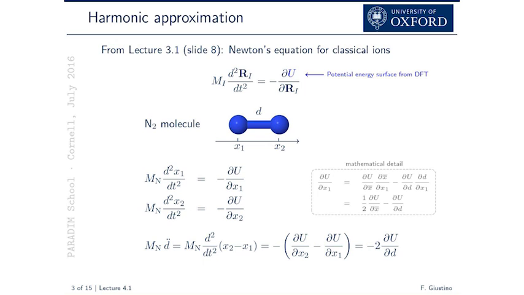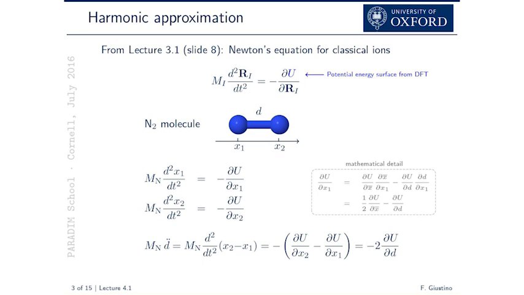This is a diatomic molecule. The only degree of freedom is the distance between the two atoms. If you think about it from the point of view of atomic coordinates, there are two atoms which live in a three-dimensional space, so there are actually 6 coordinates. So in Newton's equations there will be 6 components. But I'm telling you that there's only 1 degree of freedom.